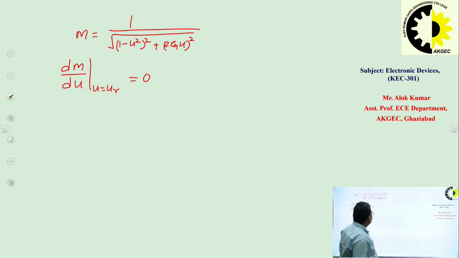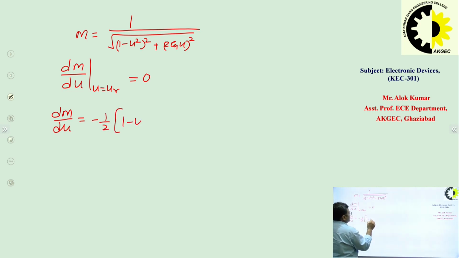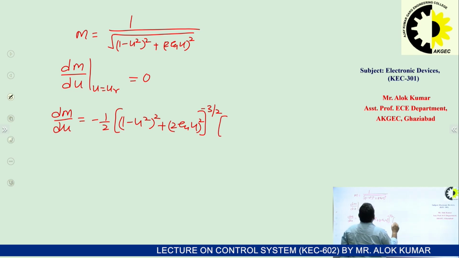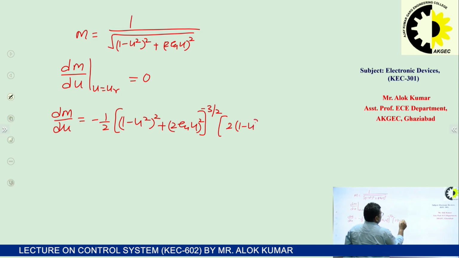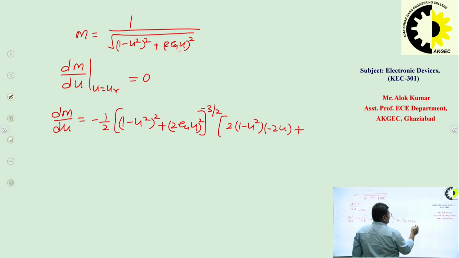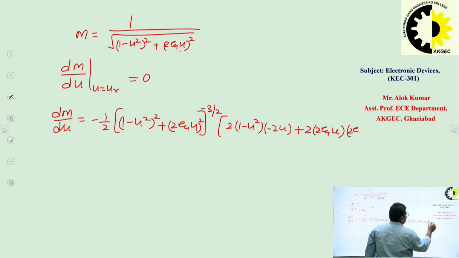If I differentiate this, then I will get dM by du is equal to minus 1 by 2 into (1 minus u square) whole square plus (2 zeta u) square to the power minus 3 by 2 into [2 into (1 minus u square) into minus 2u, plus 2 into 2 zeta u into 2 zeta].